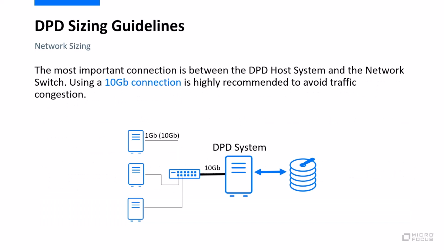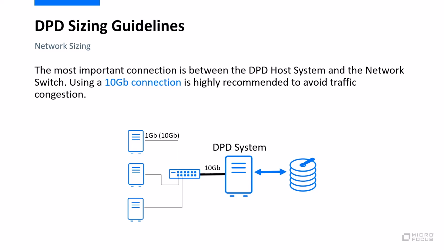Another very important sizing guideline is networking. DPD is a pure networking device because it doesn't have any Fibre Channel connectivity right now. So all data flow is done by a typical networking TCP/IP protocol. And obviously, you want to make sure that the data coming in from various directions can be offloaded into the DPD system the fastest possible way.